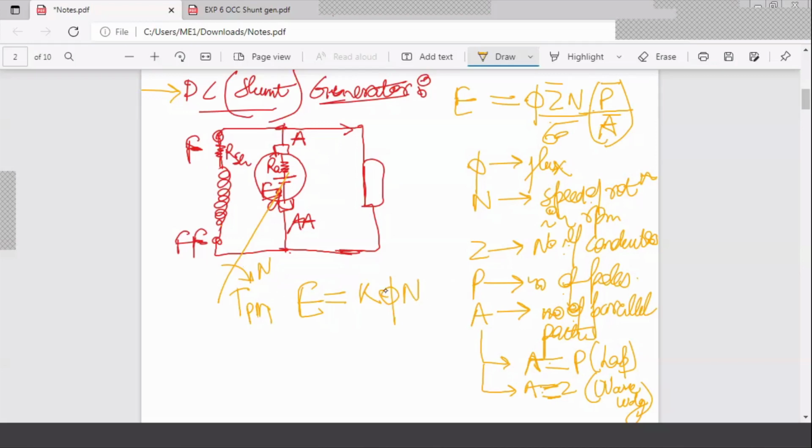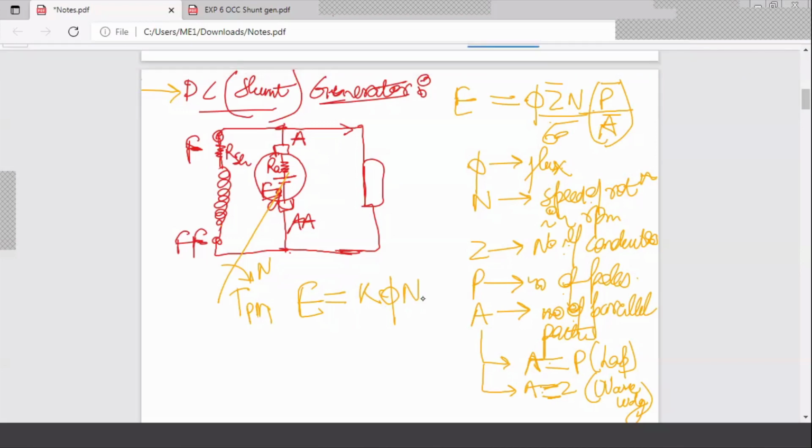And phi is the flux of the machine. It will not always remain constant. It will depend upon the field current, right? So these two are the things which can vary while the machine is operating. Other things will remain constant. So I can represent it by a constant of proportionality K. So E can be written as E is equal to K phi omega, or K phi N, where N is in RPM. I hope that is clear.